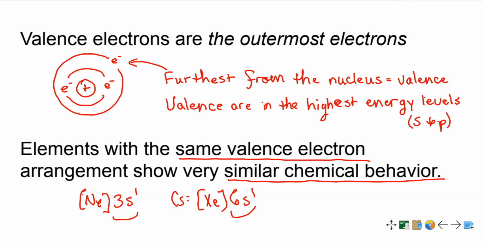Because these both have one valence electron in their highest energy level, they react very similarly, especially when you put them in water, they explode. There are several videos on the internet, just look for alkali metals in water. They're pretty cool. So when things in the same group typically have the same number of valence electrons, that means things in the same group have similar properties, which is actually something we've talked about before.